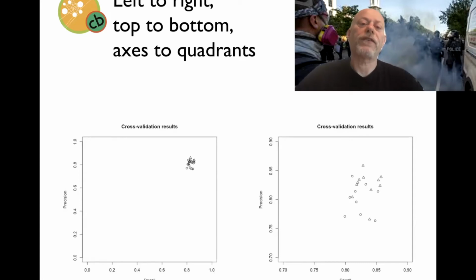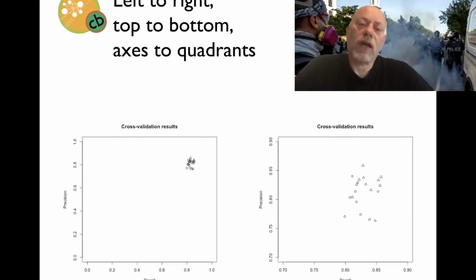Now we'll look at the x-axis, and we see that it's labeled. Recall is being plotted. We know that the range for recall is 0 to 1, so we want to see that as the range there, and sure enough, the range is 0 to 1. Now we look from top to bottom, and we see that the graph is clearly labeled.